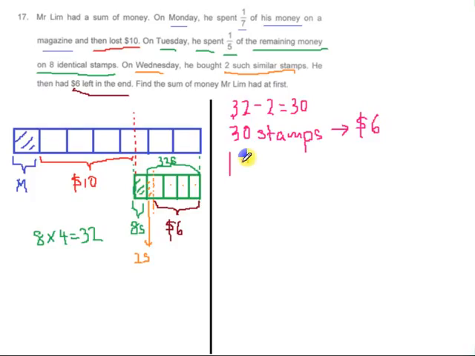So to find one stamp, I just need to use $6 divided by 30, which will give us 20 cents.